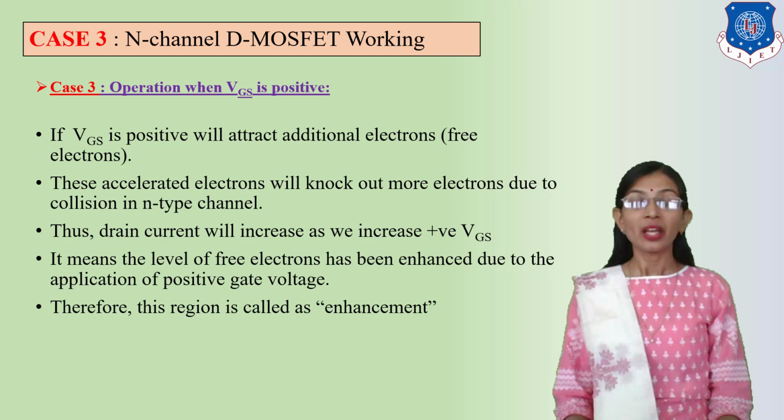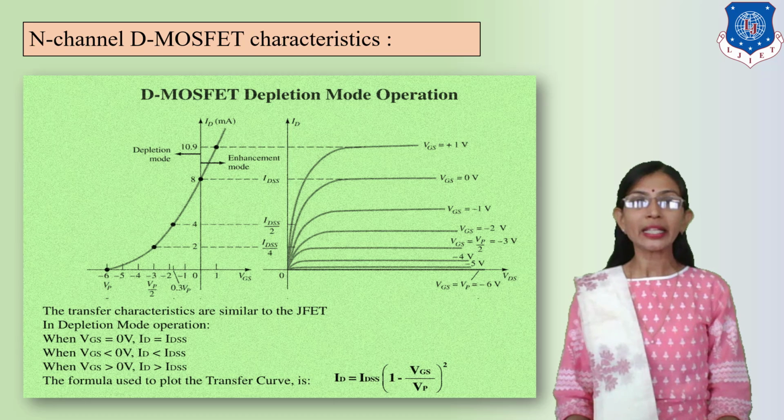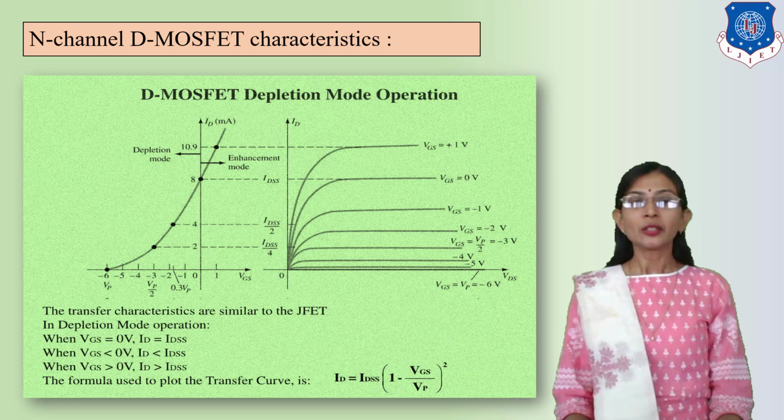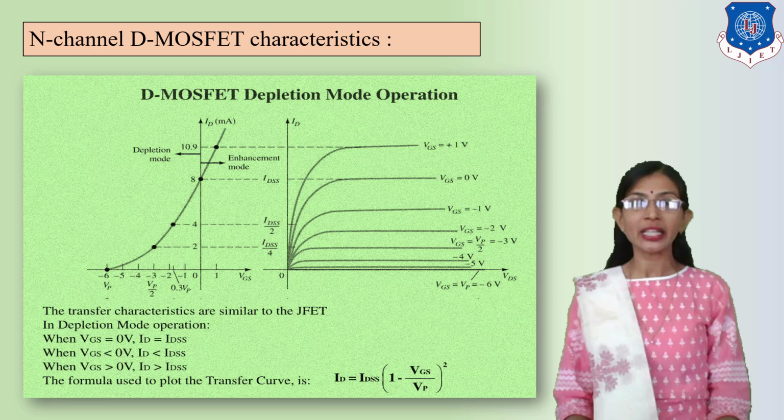Right now we are talking about the depletion MOSFET, so we are considering the negative VGS only, and we can draw the characteristic for the D-MOSFET according to case 1 and case 2. You can see that there are three main cases. When VGS equals 0, ID equals IDSS, that is maximum.